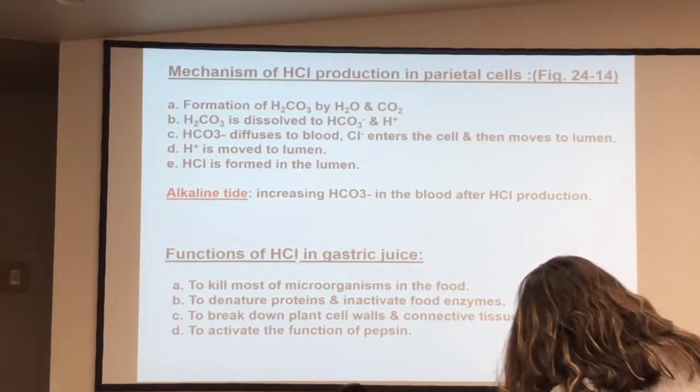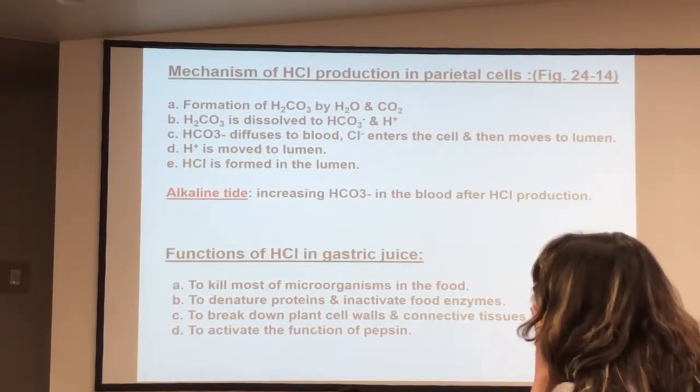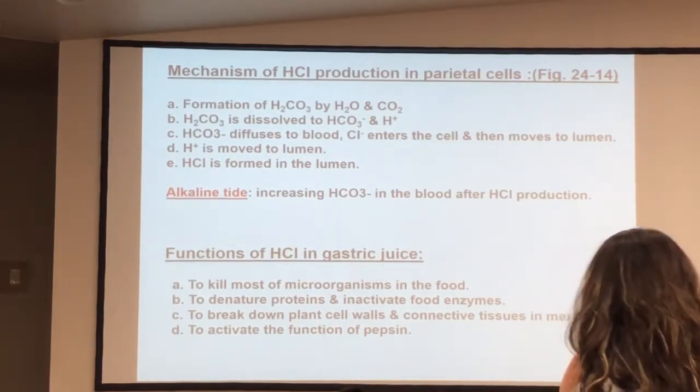And this HCl actually is good. Why is it good in the stomach? Because it can kill bacteria and viruses. It can denature protein, making it easy to digest. It can break down plant material or vegetables. It can activate pepsinogen in inactive form to pepsin.